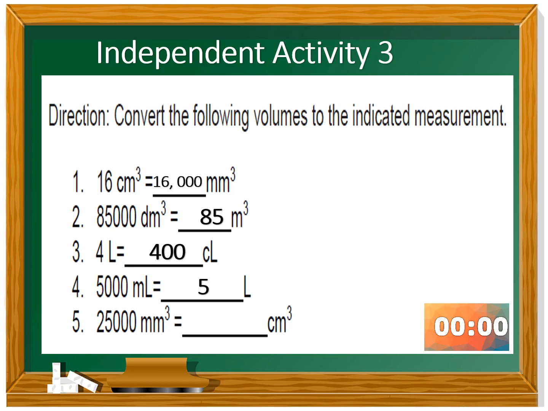And then number 5, 25,000 cubic millimeters is equal to 25 cubic centimeters.